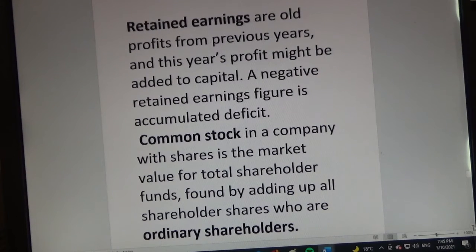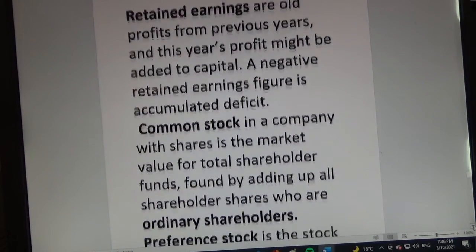Common stock is when a company with shares has shares which are owned by shareholders, ordinary shareholders, and that's found by adding up all shareholder holdings who are ordinary shareholders.